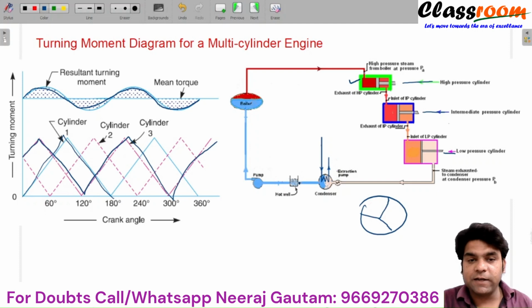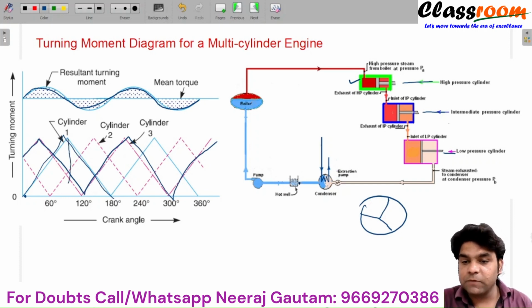So these are the turning moment diagrams for a single cylinder double acting steam engine, an internal combustion engine with 4-stroke, and multi-cylinder engines. Similarly, for multi-cylinder IC engines, we can draw the turning moment diagram by combining the turning moments developed by the cylinders and maintaining a proper angle between the turning moments.